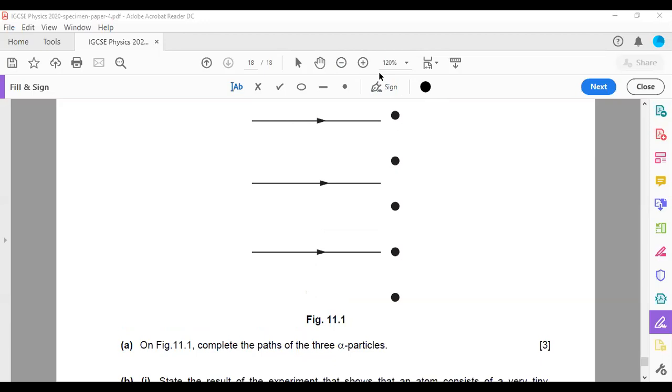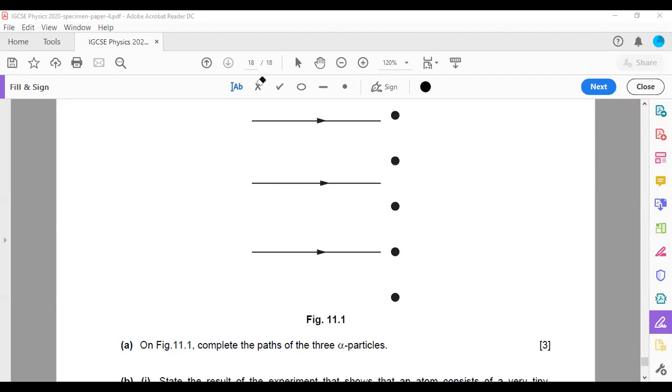Right, so your particles would look like this. So the first one, they said to complete the path. So this one will go straight across, right? Well, I'm going to straighten up that.